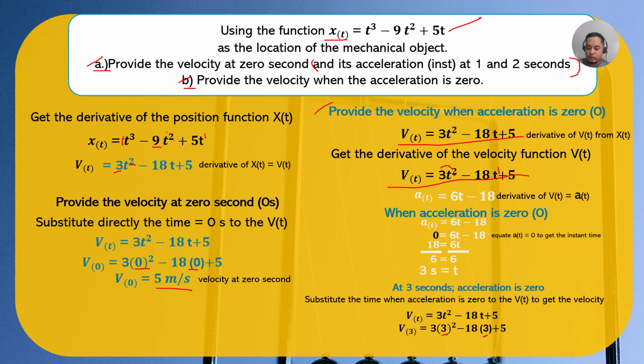Given that our acceleration is 0, the velocity when acceleration is 0 is negative 22 meter per second. The negative sign is just the direction, so there is a change in direction.